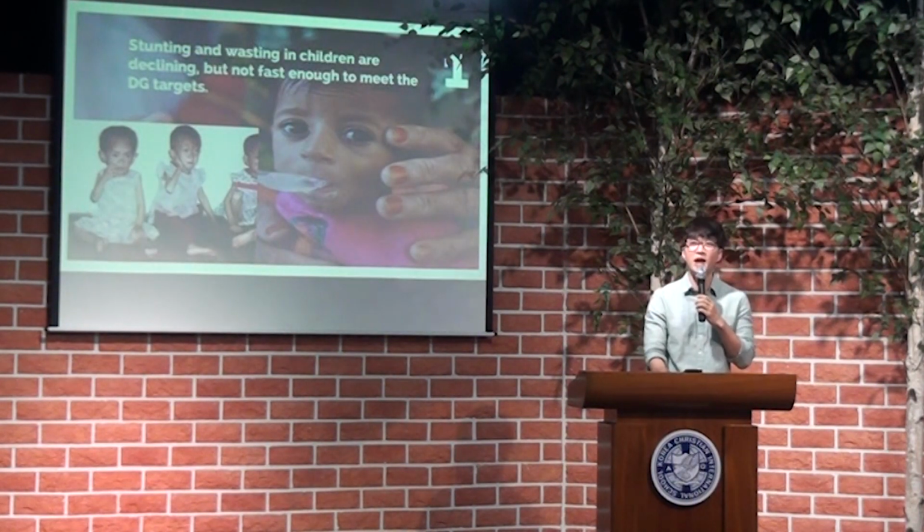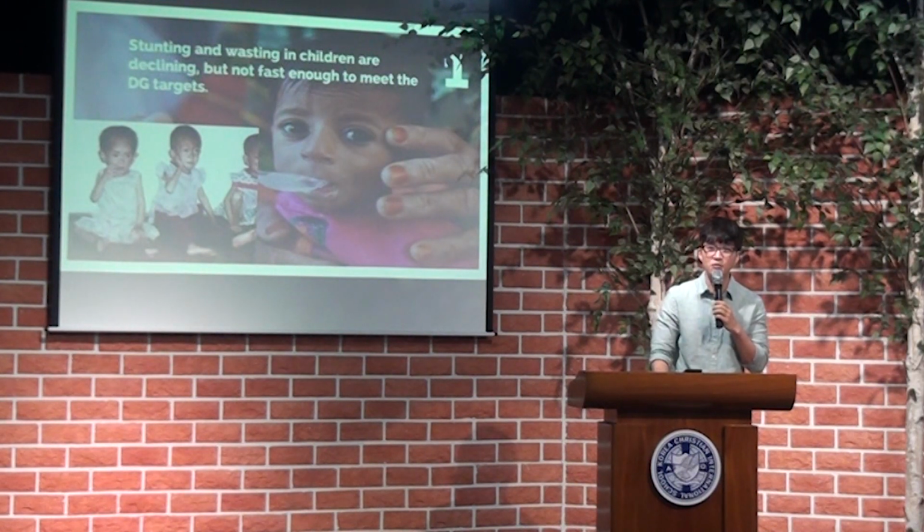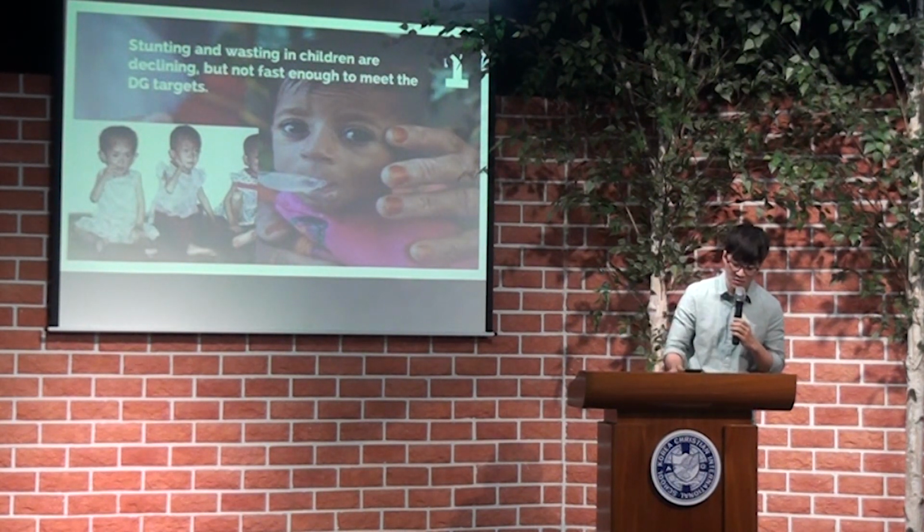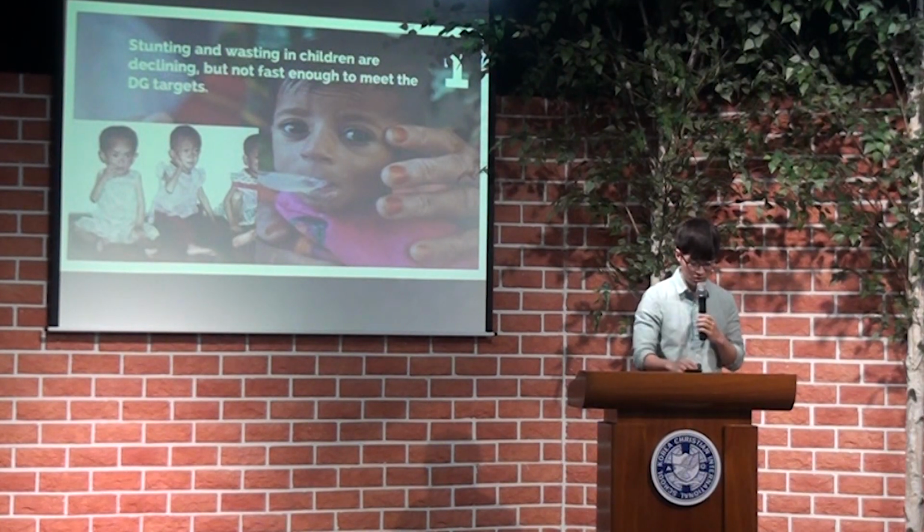Now, stunting and wasting in children are declining, but not fast enough to meet the development goal targets. Stunting is defined as inadequate height for age, and wasting is inadequate weight for height. So these put children at increased risk of dying from common infections.